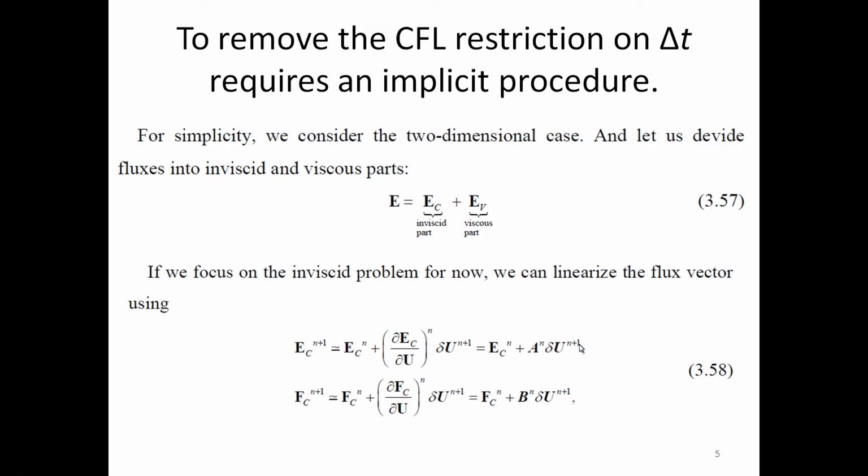And for the flux in the y direction, we have the following: convective part of F at the moment of time n plus 1 approximately equals F_c^n plus this Jacobian B^n delta u^(n+1).